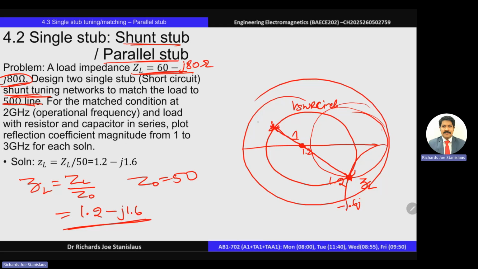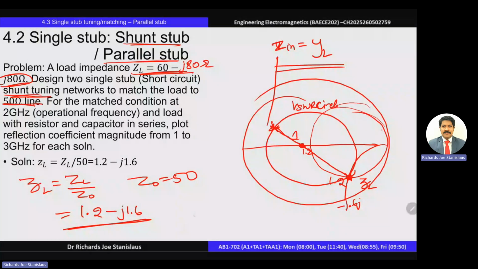At that point, you read the normalized admittance value of the load. We had discussed this in the Smith chart problem video, so you can go through that. The link will be provided in the description.